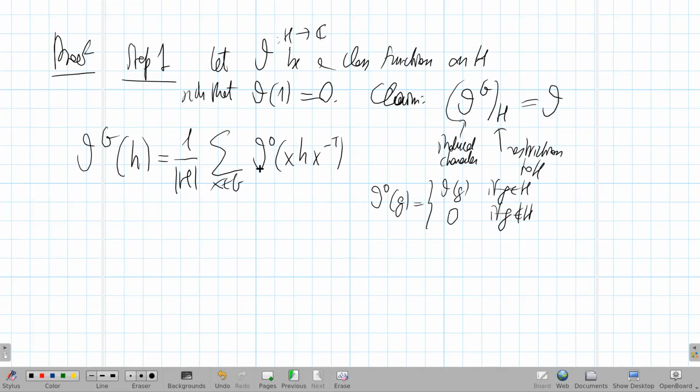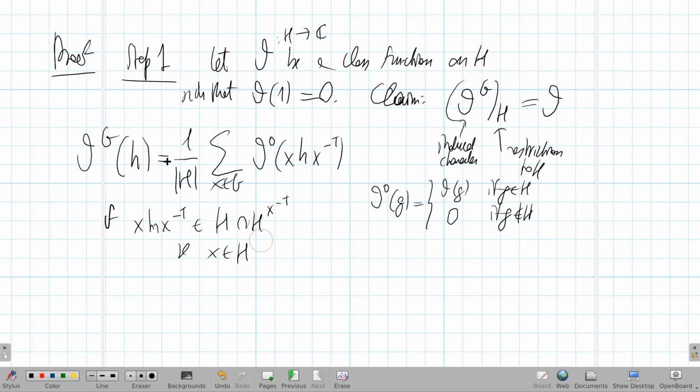But the only chance for theta naught of something to be different from 0 is when that particular something is in H. So when this is in H, this means that this element lies in H and in H^x inverse. And this can only happen if x is in H.